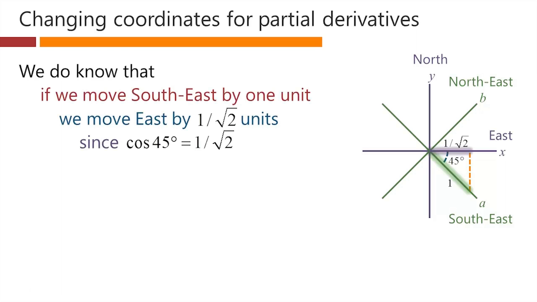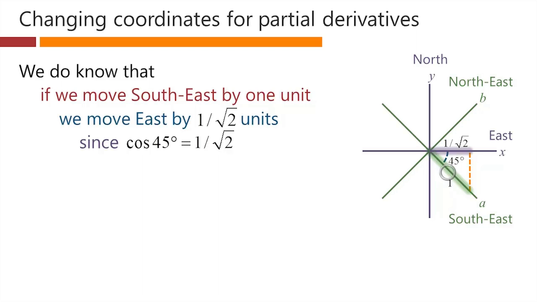Well, we do know that if we move southeast, that is along the direction A here, by 1 unit, so this fuzzy green line is 1 unit long, then we move east by 1 over root 2 units, because 1 over root 2 is the cosine of 45 degrees.